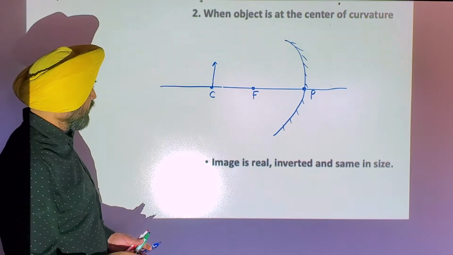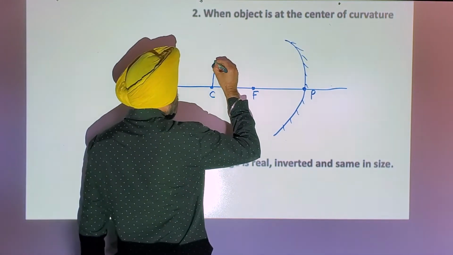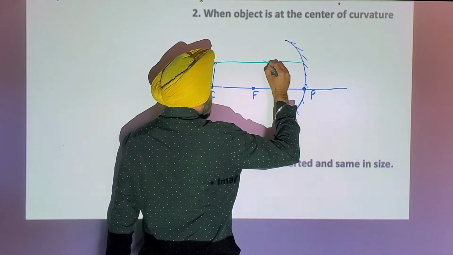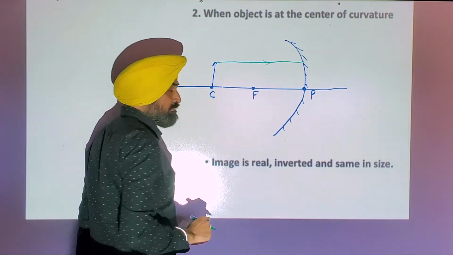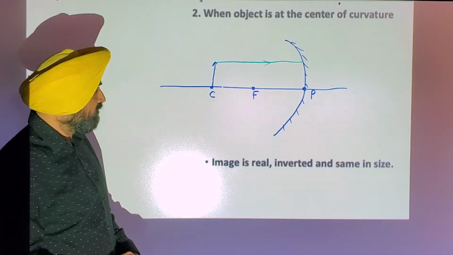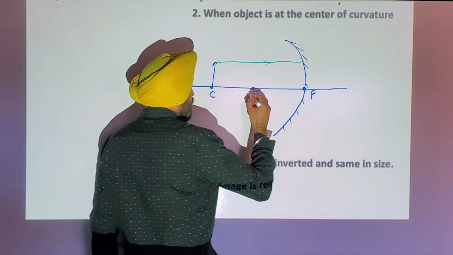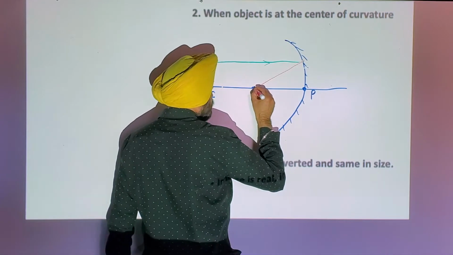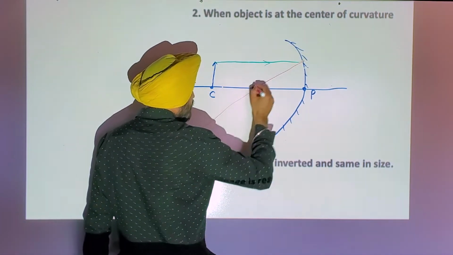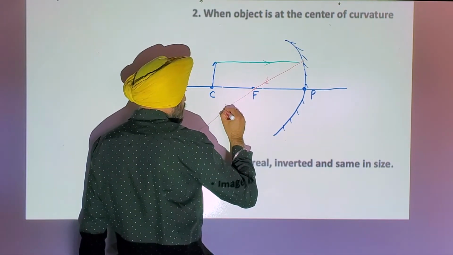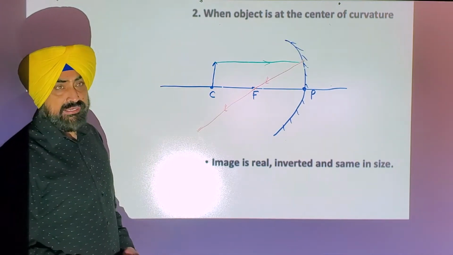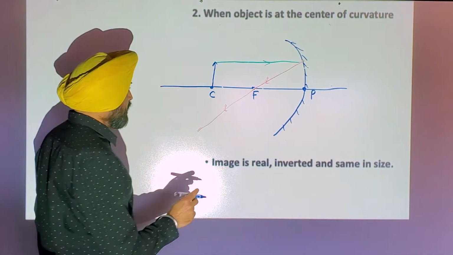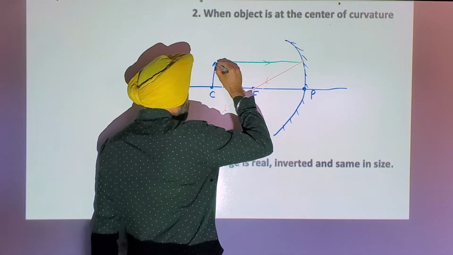So how we draw the ray diagram? Draw one line from the top of the object parallel to the principal axis. And after reflection, this ray will pass through the focal point. Second line we draw from the top of the object and passing through the focal point.